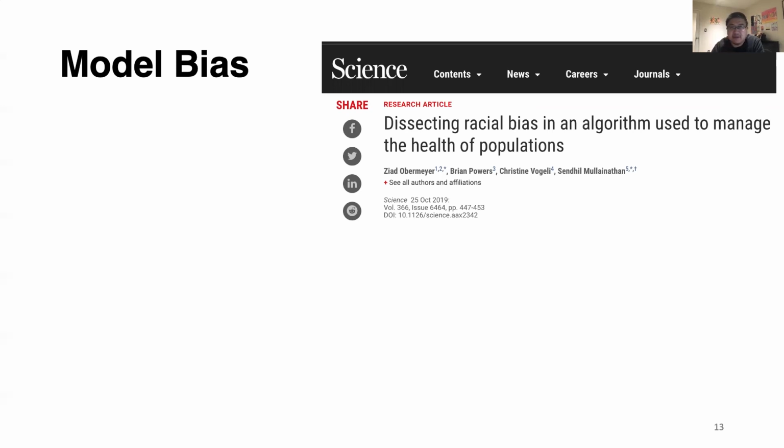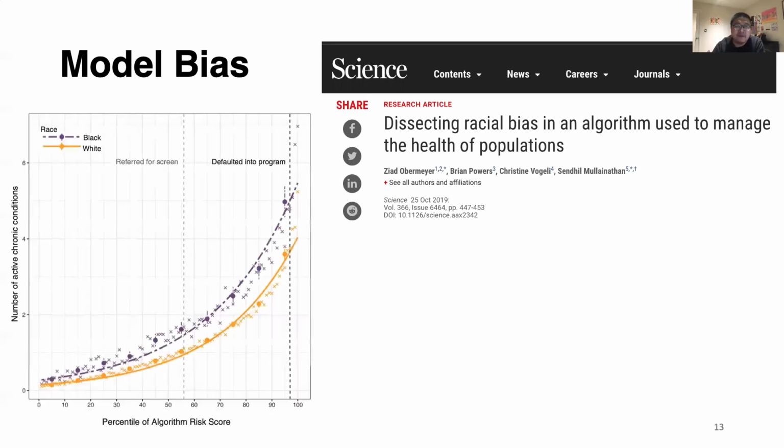This is actually a Science paper about a widely used algorithm to determine whether a patient is eligible for a specific healthcare management program. The study found that in order to be eligible for the program, the Black patient needs to be much more sick compared to the white patient in terms of accumulated chronic conditions. This is because some of the features used in the model can really cause such bias.